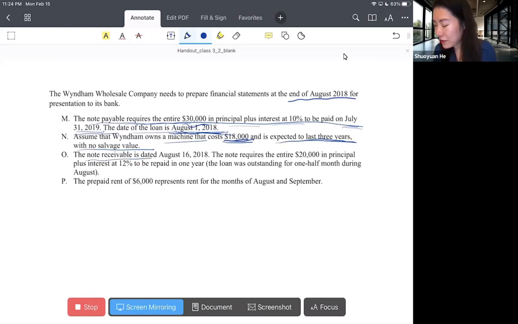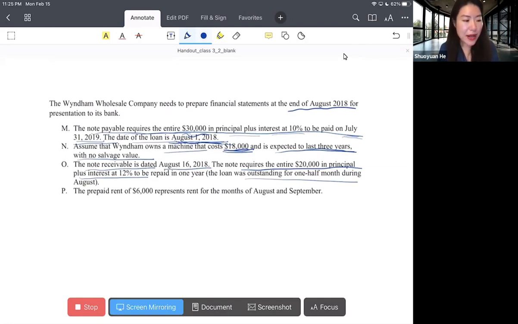The note receivable is dated August 16th, 2018. The note requires the entire 20,000 in principal plus interest at 12% to be repaid in 1 year. The loan was outstanding for 1/2 month during August.